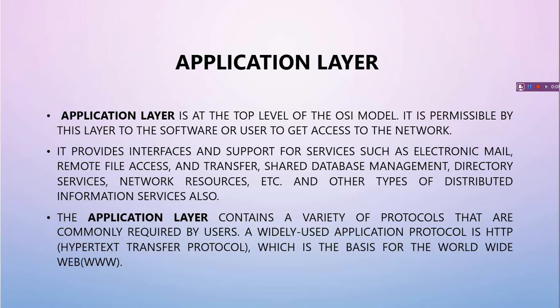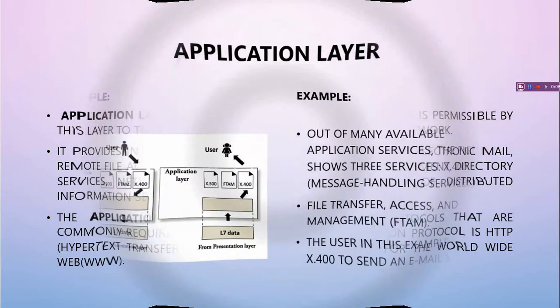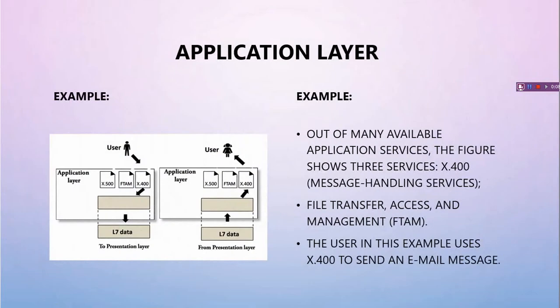It contains a variety of protocols that are commonly used by the user. For example, HTTP, hypertext transfer protocol, which is used for the World Wide Web. The application layer, which is the interface between the user and the network, may use many types of protocols.